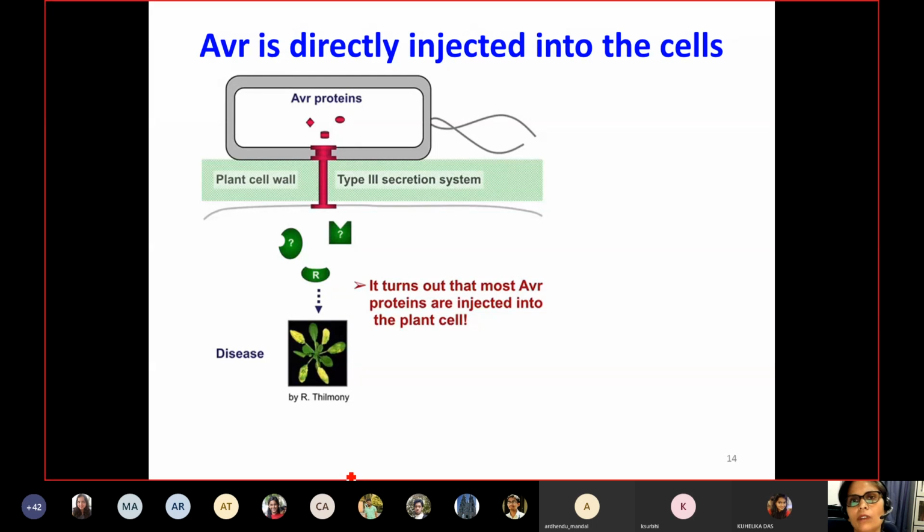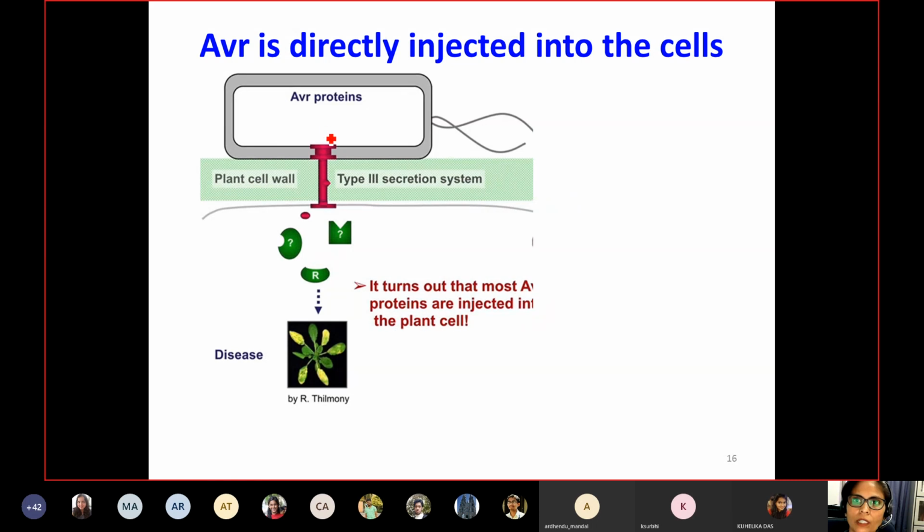Now, later it was found that the AVR gene or the protein is prepared inside the bacterial cytoplasm, and then through the type 3 secretion system, also called the translocon system, from this type of syringe, these proteins are directly injected into the plant cell.